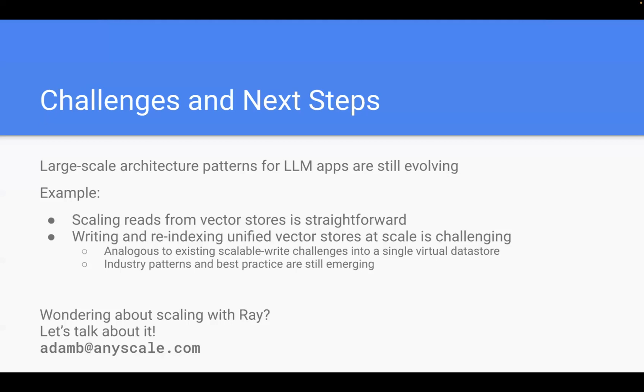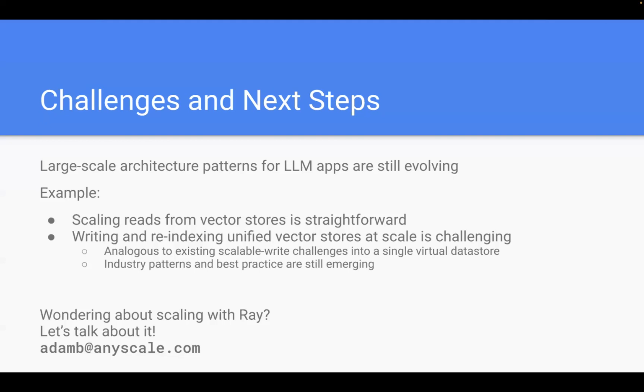On the other hand, your app might need to do writing and reindexing of a single vector store a lot, whether it's adding documents per user or over time or in some other way. And that is analogous to existing scalable write challenges when we're writing into a database, right? These are kind of hard problems. They usually involve some trade-offs that balance performance, visibility of new data, and your application requirements.